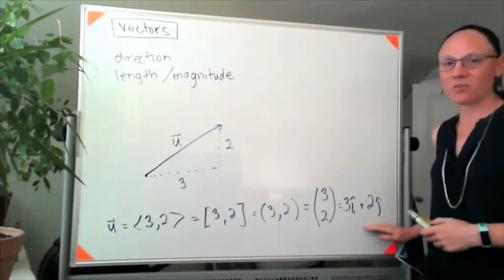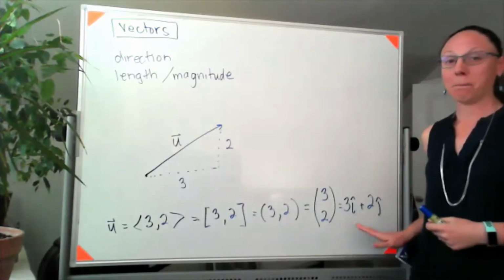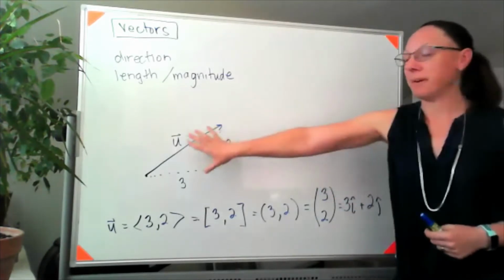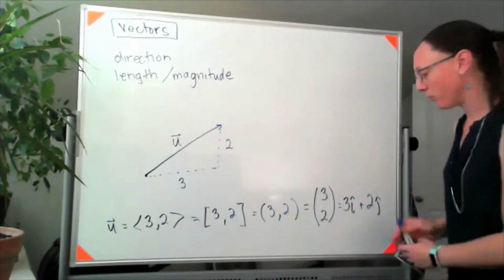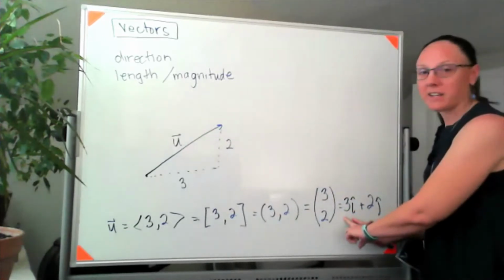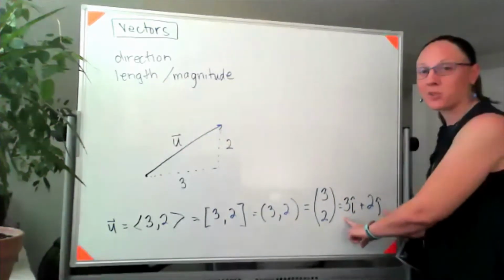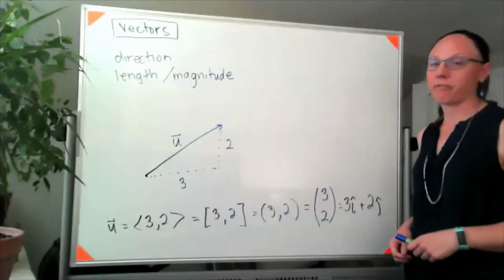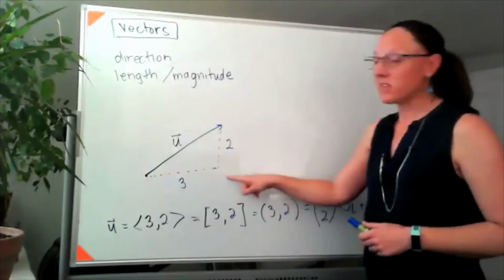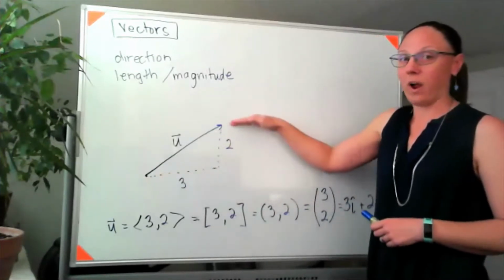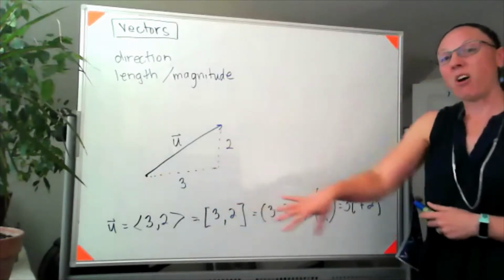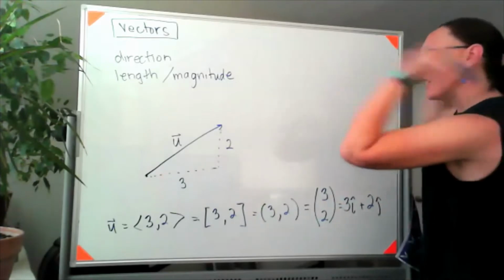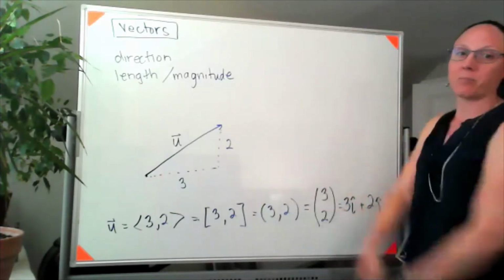This physics notation is telling me that I build this vector by moving 3 to the right and then up 2. So those i and j components refer to moving in the x direction for the i and in the y direction for the j. So all of those are different notations to represent this same vector.